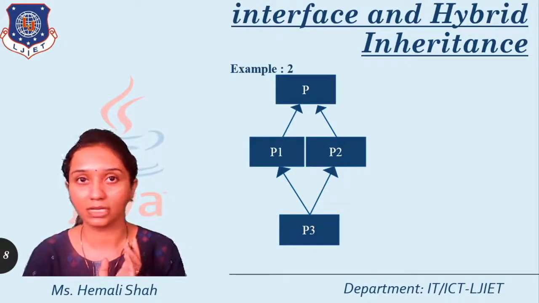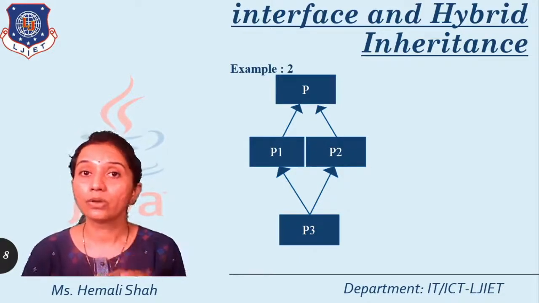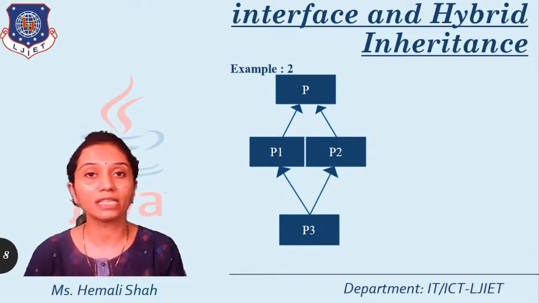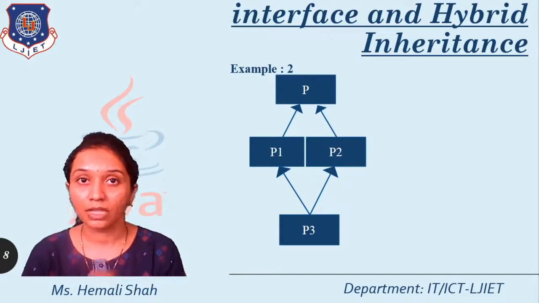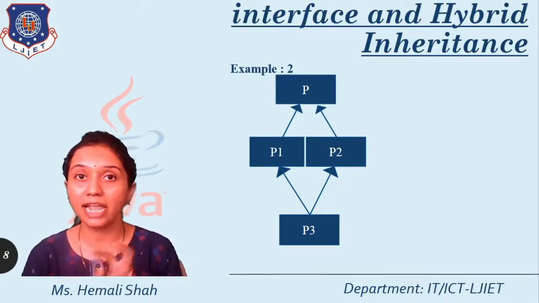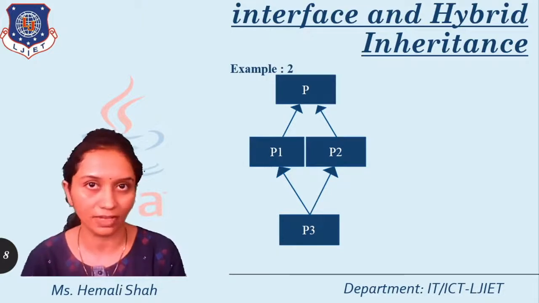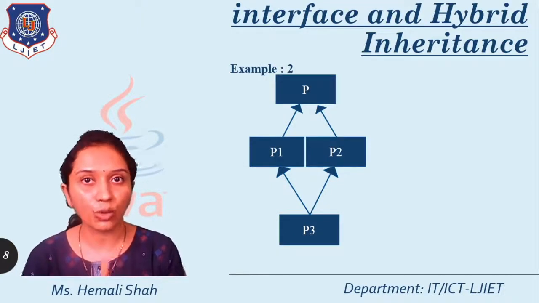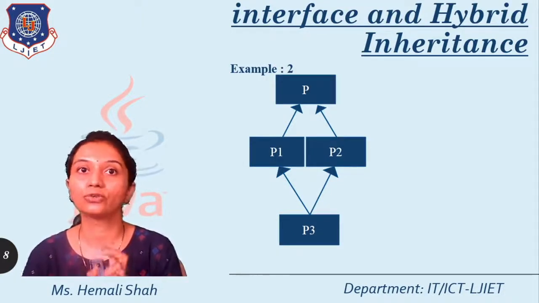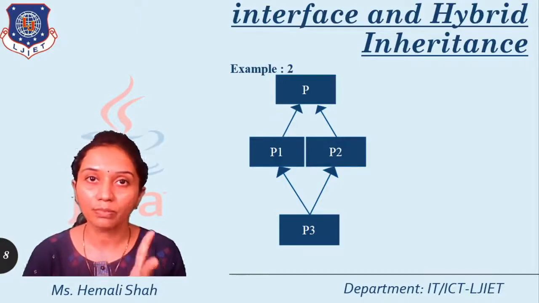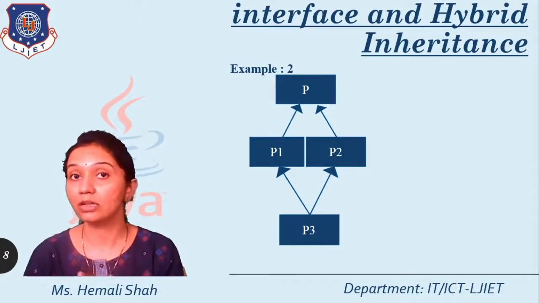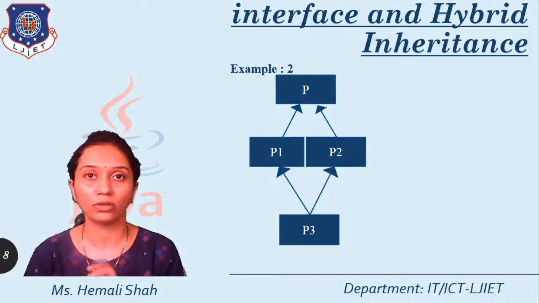You must be clear on that, right? But what can be the solution if P3 is a class? If P3 is a class, then anyone from P1 or P2 must be an interface. At least one interface you have to provide from P1 or P2. Otherwise, this multiple inheritance is not possible with P3, right?